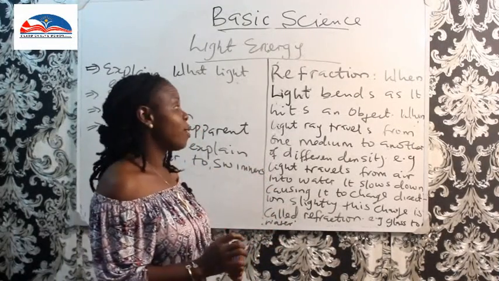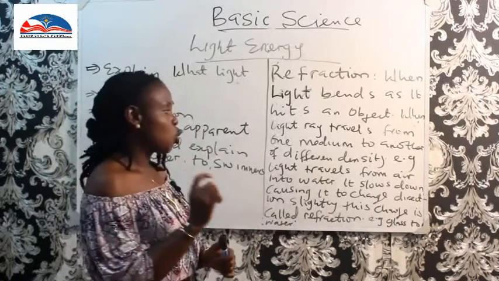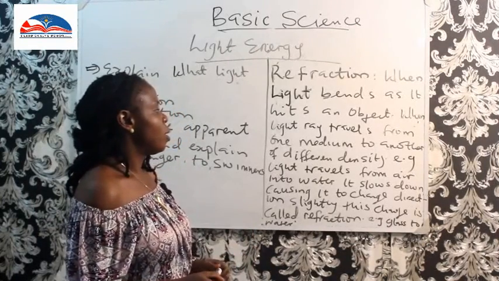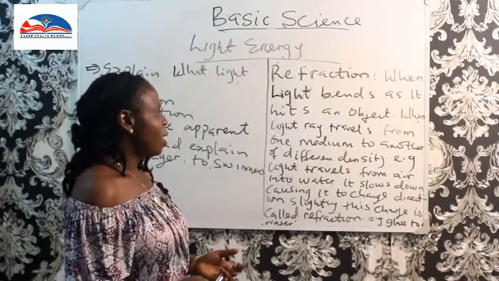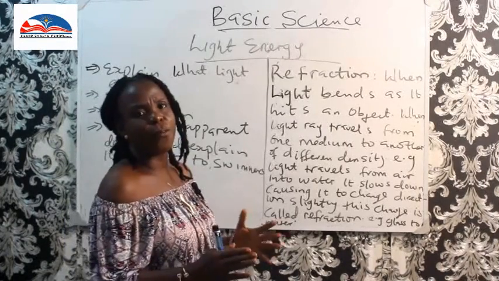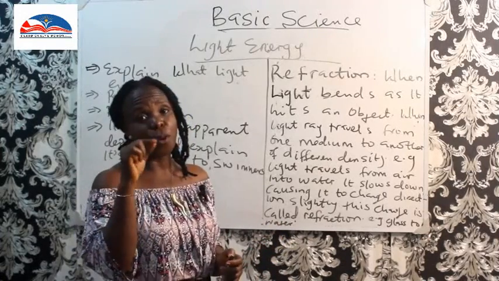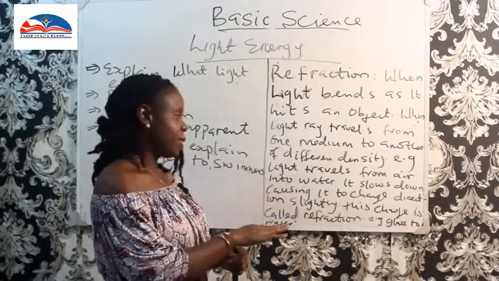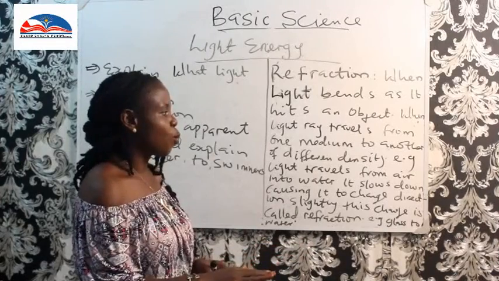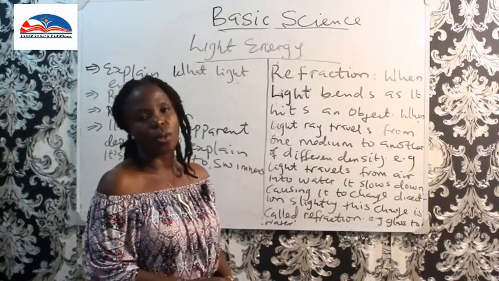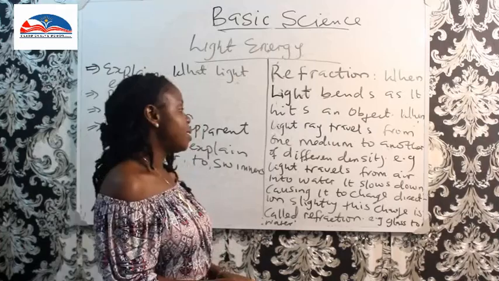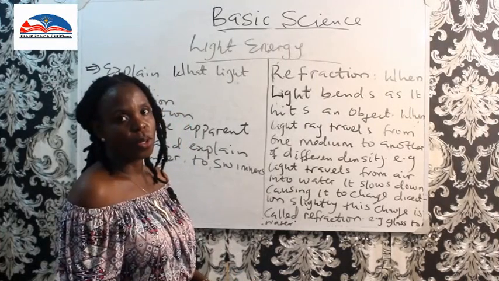This happens when a ray of light travels from one medium to another medium of different density. For example, if light travels from air to hit the surface of water, it slows down and changes its direction.